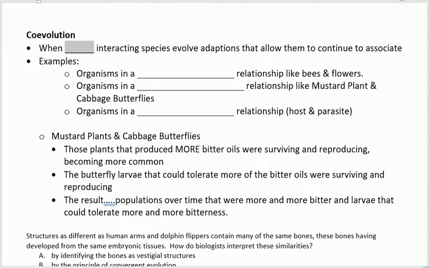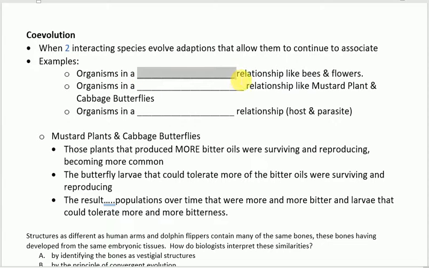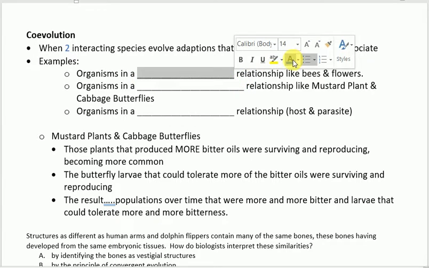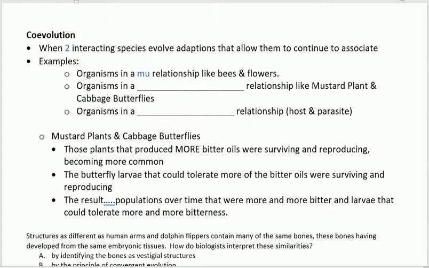So coevolution is when two interacting species evolve adaptations that allow them to continue to associate. So for example, organisms that are in a mutualistic or mutualism relationship, like bees and flowers.